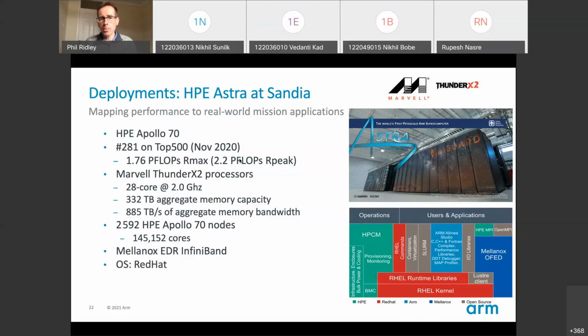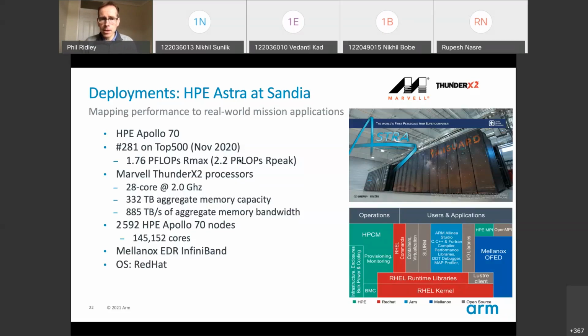So the processor, as I've talked about before, was the Marvell ThunderX2, and then HPE put these processors into their Apollo 70 line, added a good interconnect, Mellanox InfiniBand, and good file store, and then created a supercomputer.